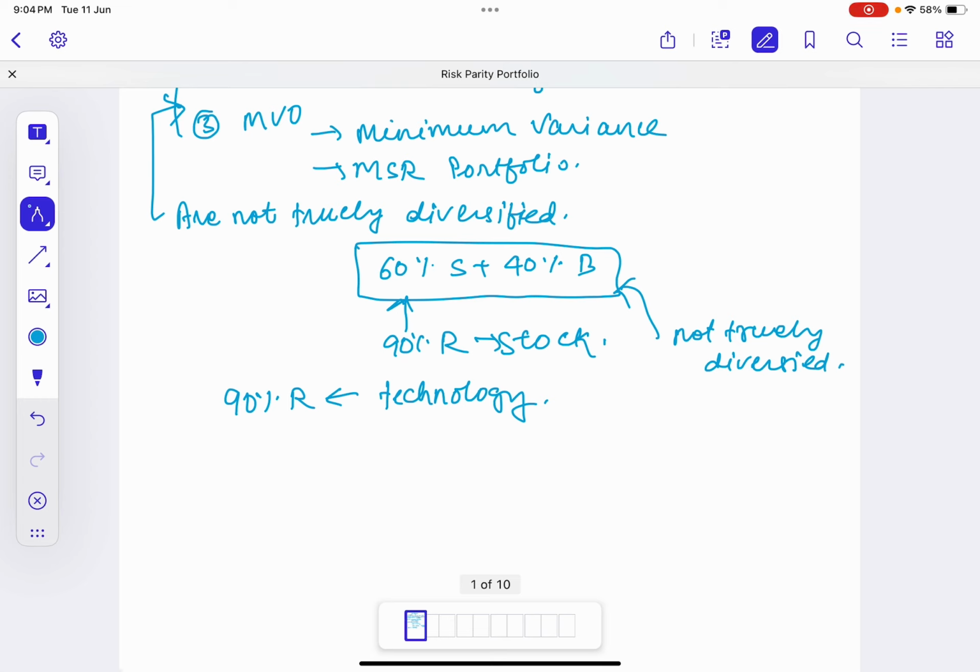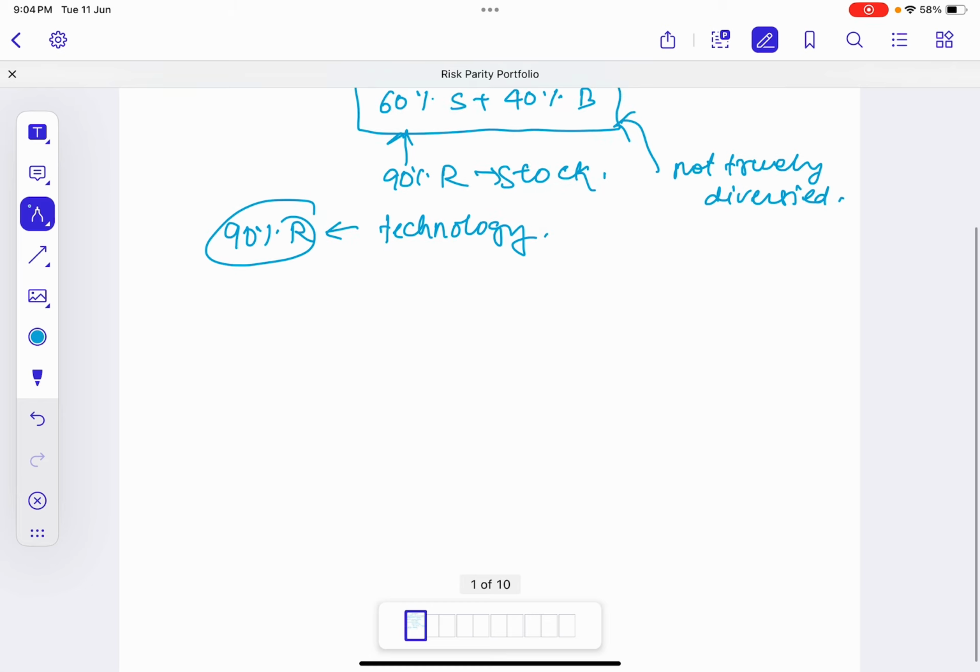Your portfolio will suffer a lot, because 90% of your risk is coming from the technology sector, because your risk is not diversified, it is concentrated in some stocks. So one serious drawback of traditional methods is no risk diversification.